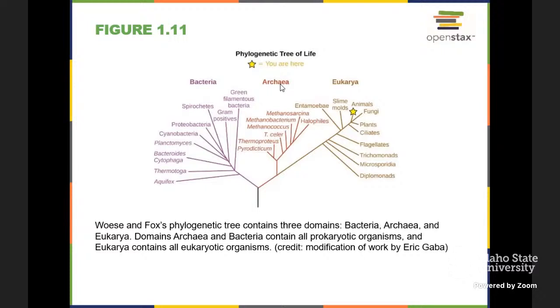And you can see the archaea branching off, going up toward the eukaryotes. They harbor some characteristics that are similar to eukaryotes, and some that are similar to bacteria. They're in between, a step between bacteria and eukaryotic cells.